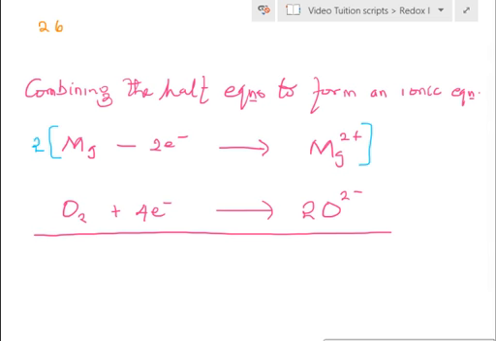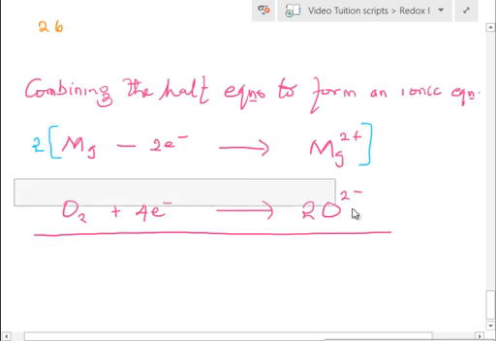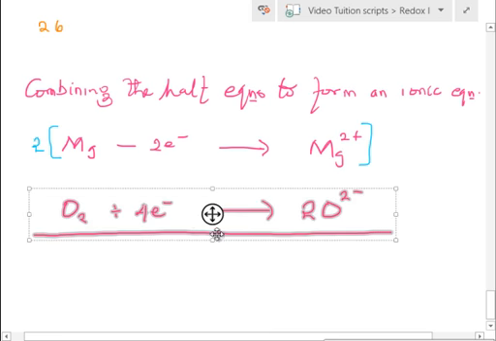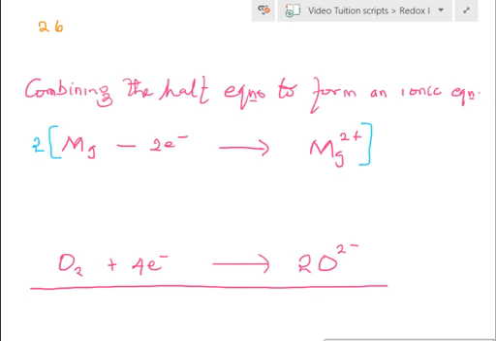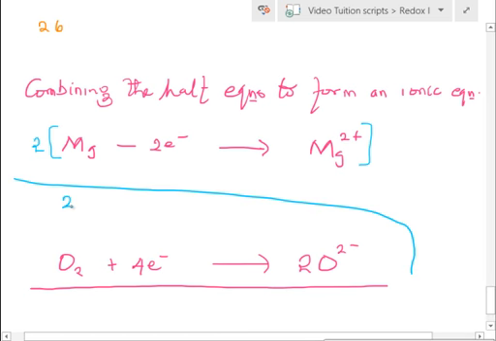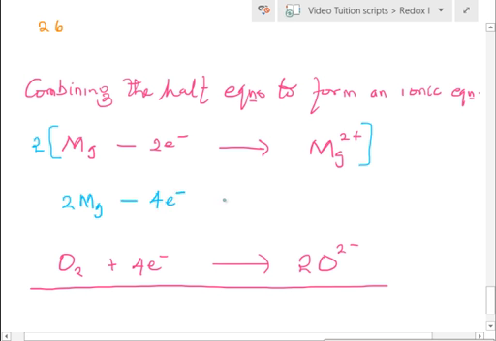Let me bring this one down first. So we'll have 2Mg minus 4 electrons to become 2Mg2+.